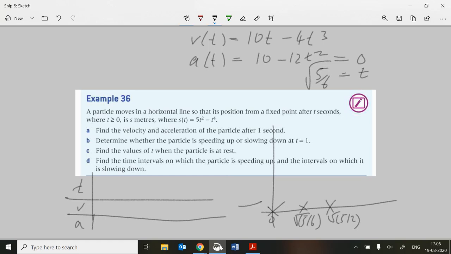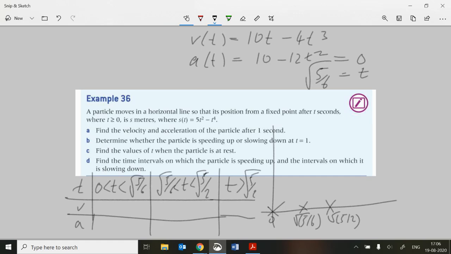We don't care what happens before 0, but we definitely care what happens between 0 and square root of 5 over 6, and between square root of 5 over 6 and square root of 5 over 2. And then we care about what's happening on the other side, when t is greater than the square root of 5 over 2. Okay, so those are the situations which we care about.